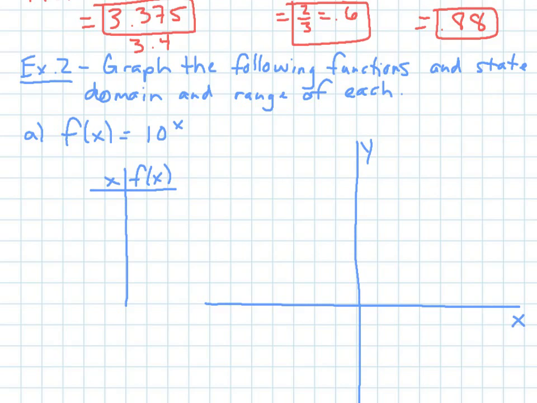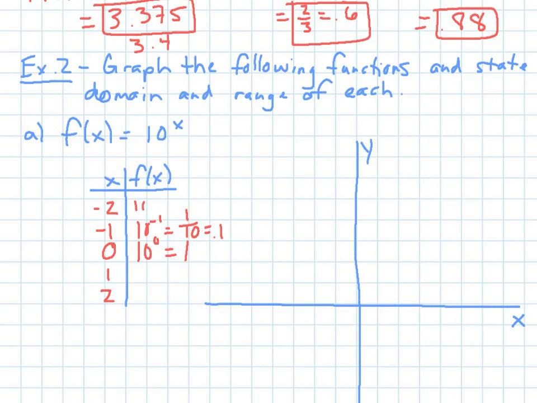But I'm going to show you more than 3 just so you can get a good idea of what it should look like. Okay, so I always like to start with 0 with these exponential functions. 10 to the 0, remember, is always going to be 1. Now I would like to go in both directions from there. So 10 to the negative first, remember that's flipping it, so that makes it 1/10 or 0.1.